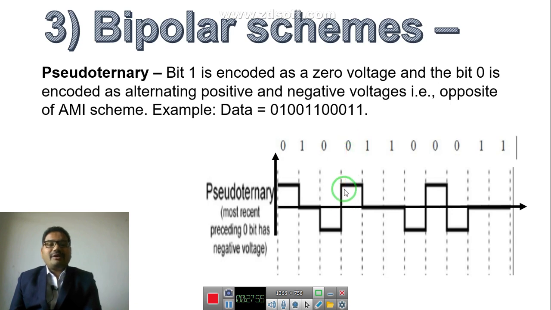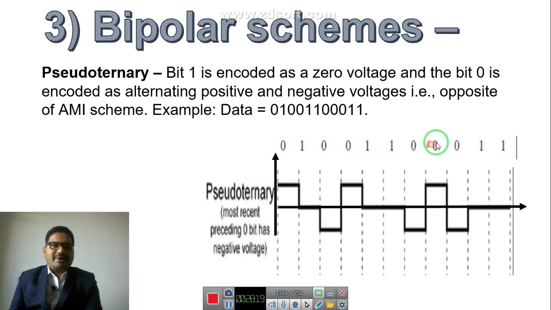Since we have to represent binary 0 by alternating positive and negative voltages, earlier it was negative, so now the next bit 0 is represented by positive voltage. The next bit is 1, so it is 0 voltage. Since the next bit is a 0, and earlier we used positive, it is alternating, so it would be negative.